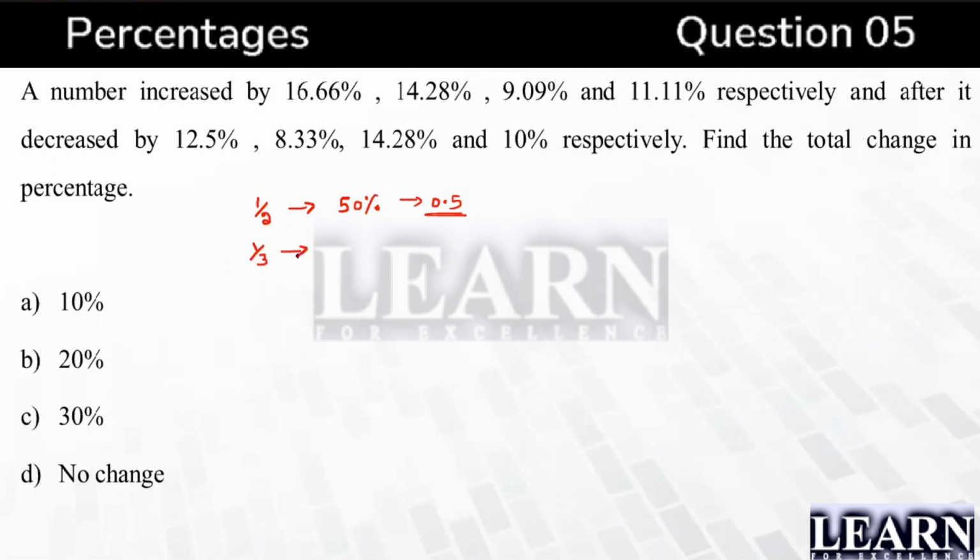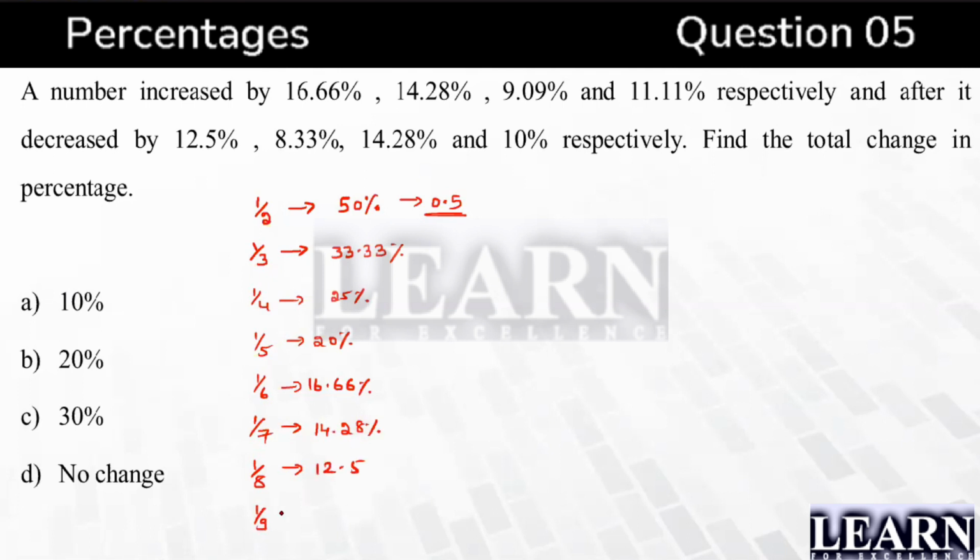What is 1 by 3 in percentage? 33.33 percent. 1 by 4, 25. 1 by 5, I'll take it down, 20 percent. 1 by 6, 16.66 percent. 1 by 7, yes, majority of the people might not be knowing this. 1 by 7 is 14.28 percent. 1 by 8 is 12.5. 1 by 9 is 11.11 percent.